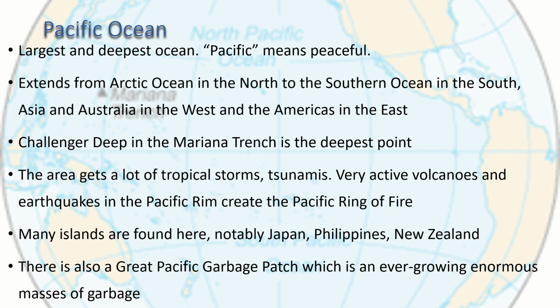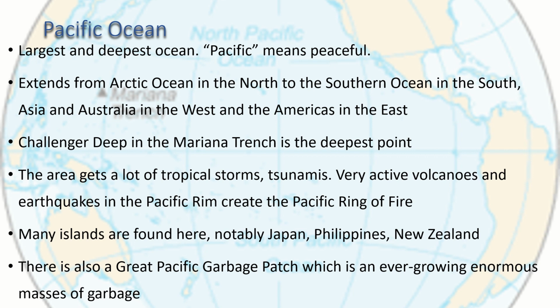So he called it Mar Pacifico, which in both Portuguese and Spanish means peaceful sea. This ocean extends from the Arctic Ocean in the top to the Southern Ocean in the south, to Asia towards the west side, as well as Australia, and the North and South America towards the right hand side.